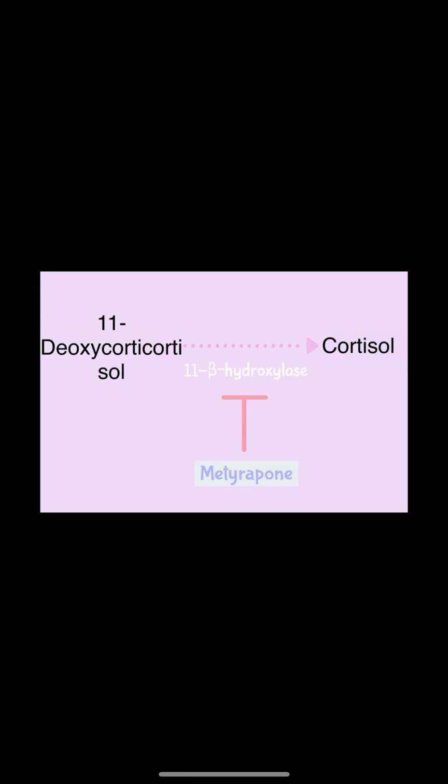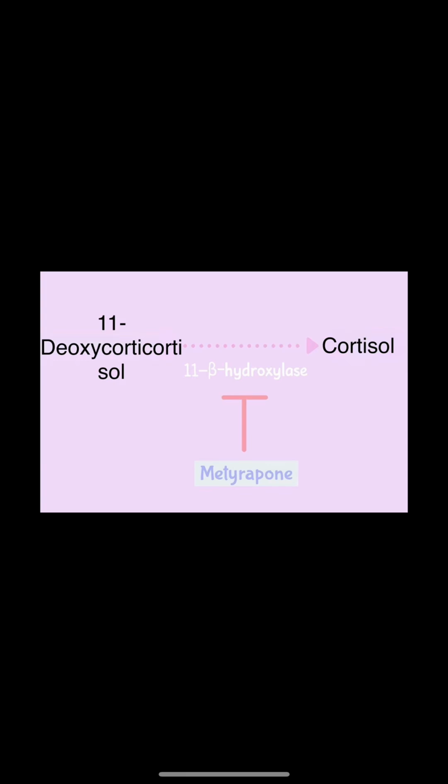What happens in a normal person is that 11-deoxycortisol gets converted into cortisol by the enzyme 11-beta hydroxylase. But in the case of metyrapone testing, this process is blocked, and in the morning when the patient wakes up, he has a low cortisol and a raised level of 11-deoxycortisol, which is a precursor of cortisol.